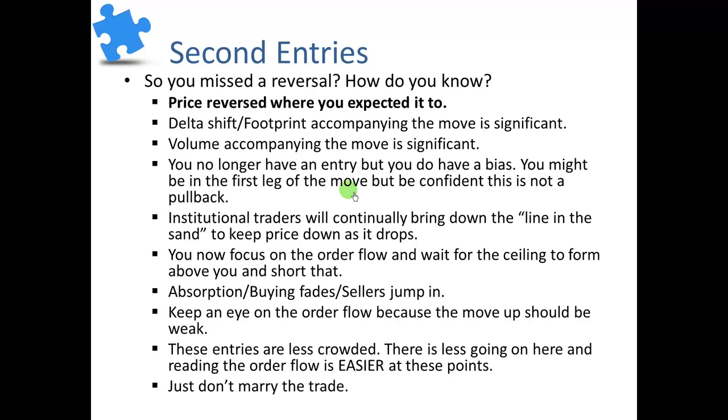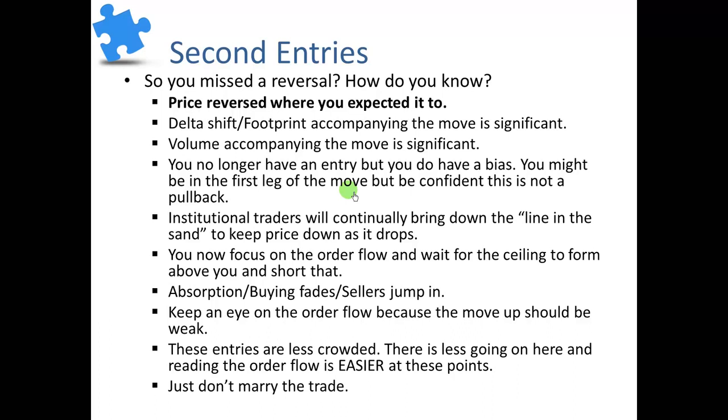But anyway, let's say the ES had moved down 8 points, and now we see an upswing with significant delta, significant volume, and a larger number of ticks than the pullbacks on the way down. And it's also in an area where we thought it might be a logical place to reverse. At this point, I personally don't have an entry, but I do have a new bias.